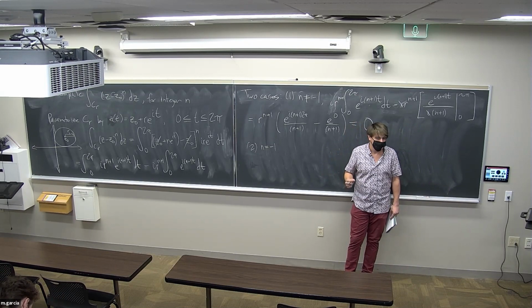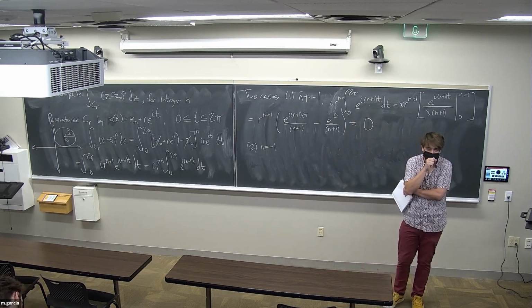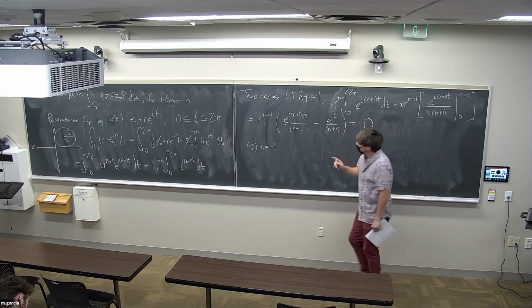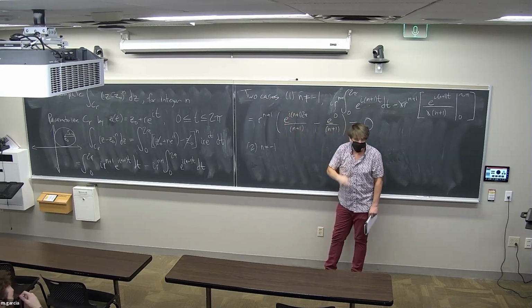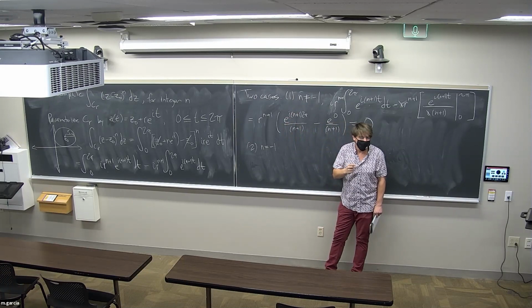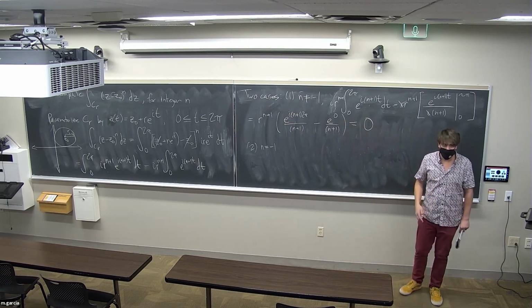So is it like if it's a closed contour and it's not in a pole, then it's 0? Well, now think about this, right? For positive n, you don't have a pole at z0. And for negative n, not equal to negative 1, you have a pole of higher order.